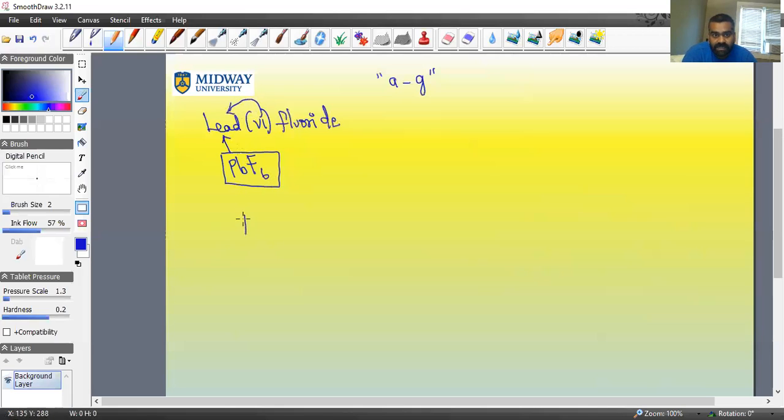Right. So that's Pb6, and lead is a metal, right? So it's plus. Fluoride comes from fluorine, which is in 7A, right? That means it's a non-metal. It can only take one more electron to get to stability, right? Of 8.